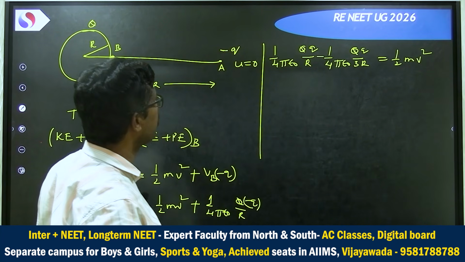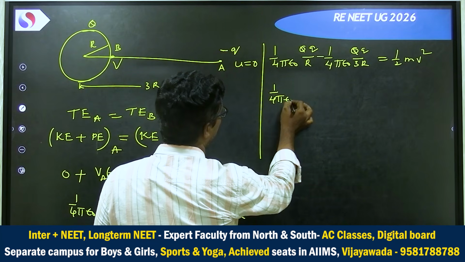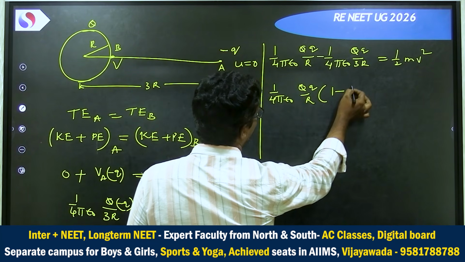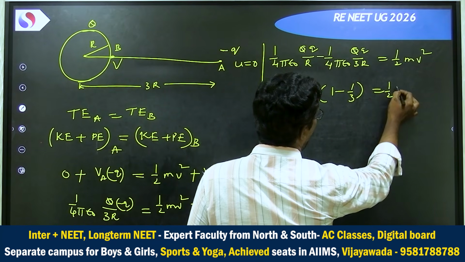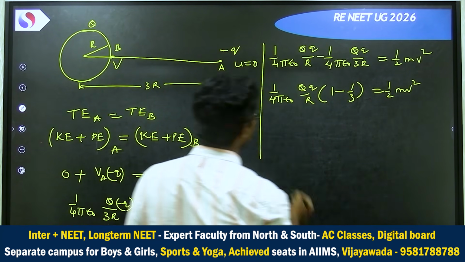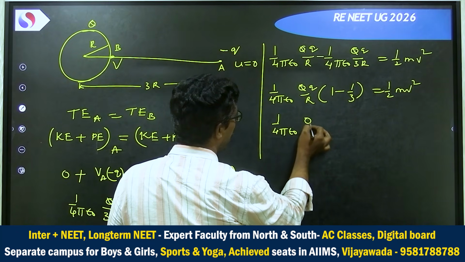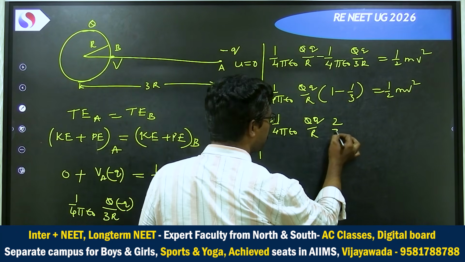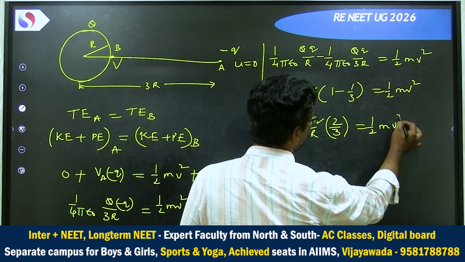We take common 1 by 4 pi epsilon naught capital Q small q by r, and we have 1 minus 1 by 3, that is equal to half mv square. This value becomes 2 by 3, equal to half mv square.